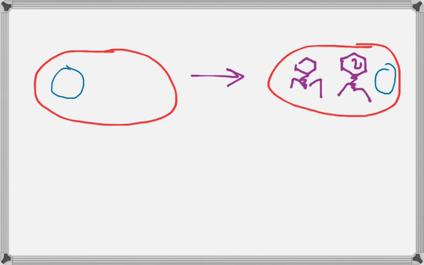So the events that lead up to transduction are a lytic life cycle of a bacteriophage. Once that bacterial genome gets chopped up, if by some low frequency mistake one of those bacteriophage particles takes up a part of the genome, this is what we would call a transducing phage.